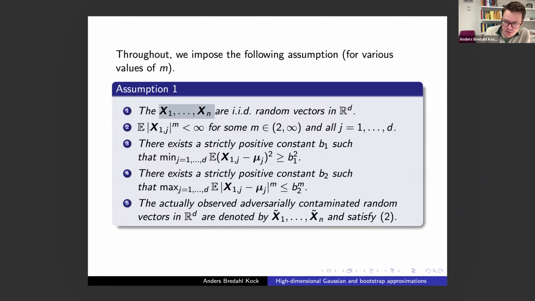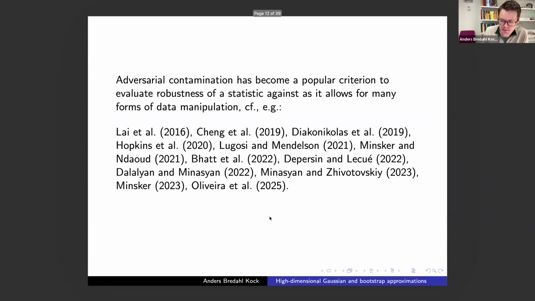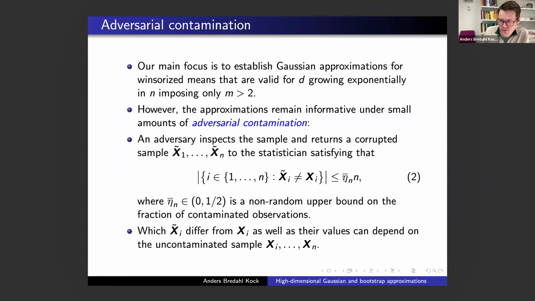Also, the m-centered moments are bounded from above by some b2. And finally, the actually observed contaminated random variables are denoted by x1 tilde and satisfy that at most a fraction of eta bar of the observations have been changed by the adversary. Okay?